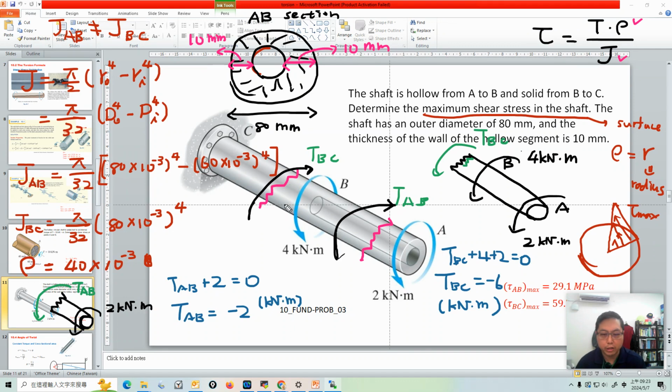But I think the direction doesn't affect the answer in this problem. So we have TAB and TBC, we have everything, and we can calculate the shear stress.